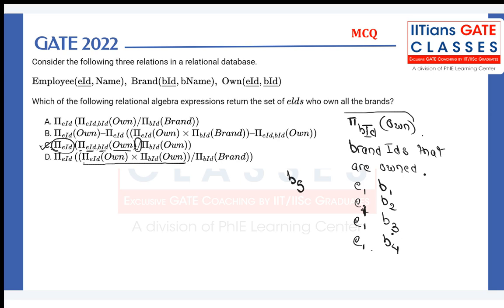Then this division operation will give you zero tuples. So option C finds the brand IDs that are owned, finds the employee IDs, checks who has all the brands, and returns their employee IDs. Okay, everyone, is it clear? Yes? Okay, good.